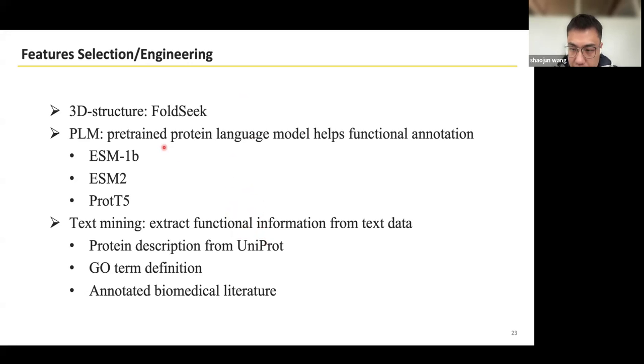For example, ESM1B, ESM2, and ProtT5 all demonstrate good ability in predicting protein function. Using text methods, we mainly find the implicit connection between proteins and functions from the description text of protein-related scientific literature and the definition text belonging to GO terms.